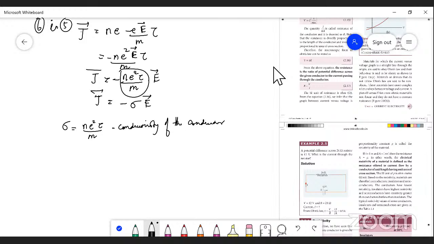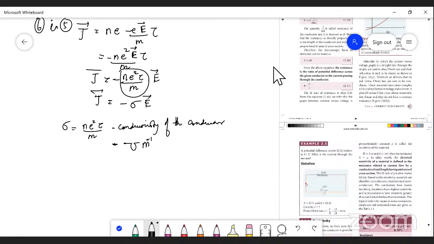What is the unit of sigma? This is said to be mho. For resistivity, it is ohm meter. Conductivity is mho meter inverse.